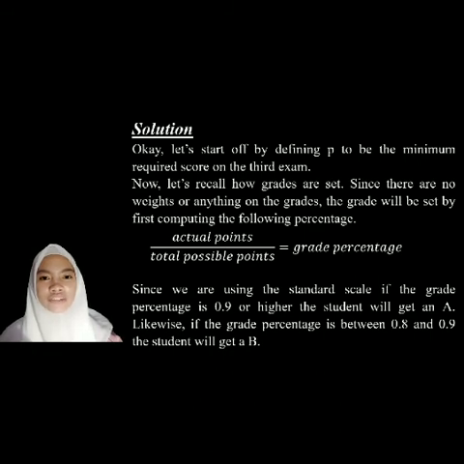We are using the standard scale. If the grade percentage is 0.9 or higher, the student will get an A. Likewise, if the grade percentage is between 0.8 and 0.9, the student will get a B.